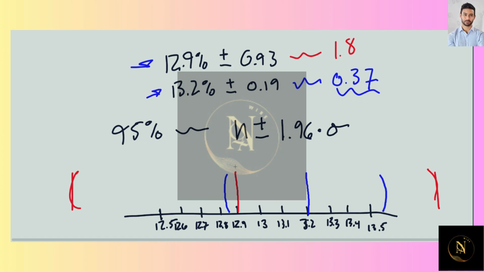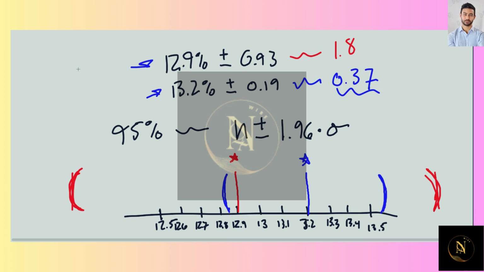So hopefully you can see that this mean is contained within this confidence interval, and that the blue mean is contained within the red 95% confidence interval.